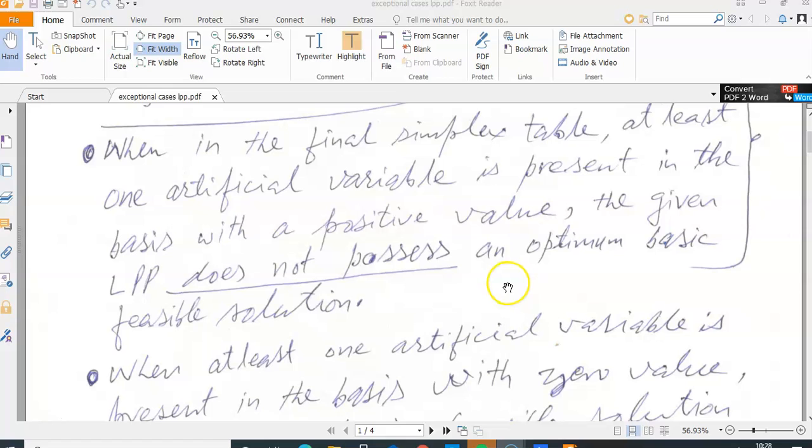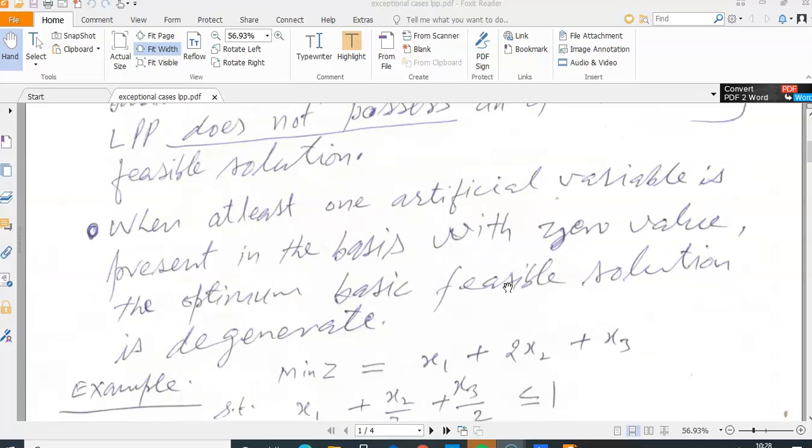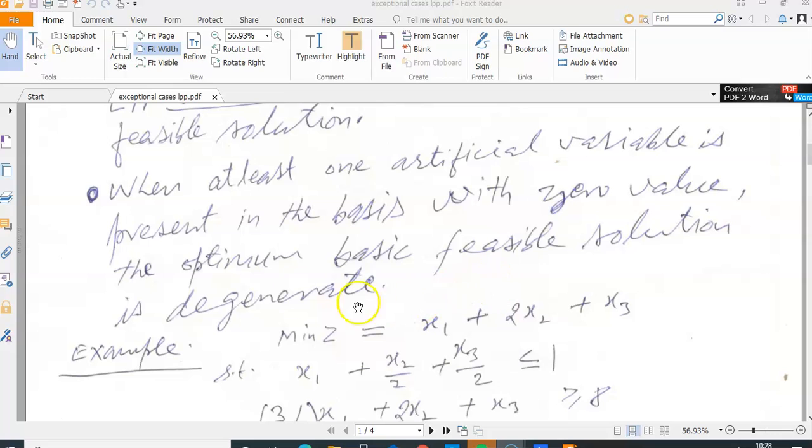In this case, the problem has an infeasible solution. A second case may also arise in the big M method, when at least one artificial variable is present in the basis with zero value. The optimum basic feasible solution is then degenerate.